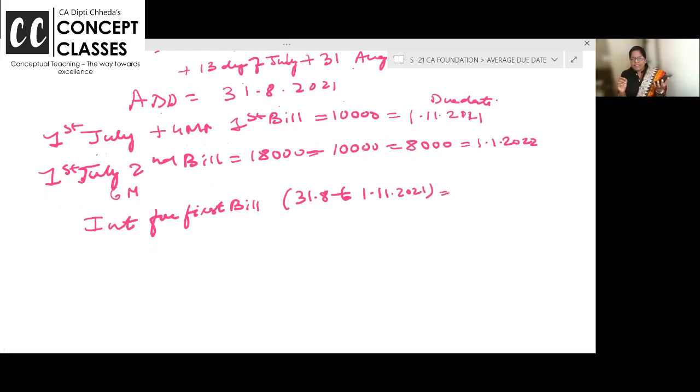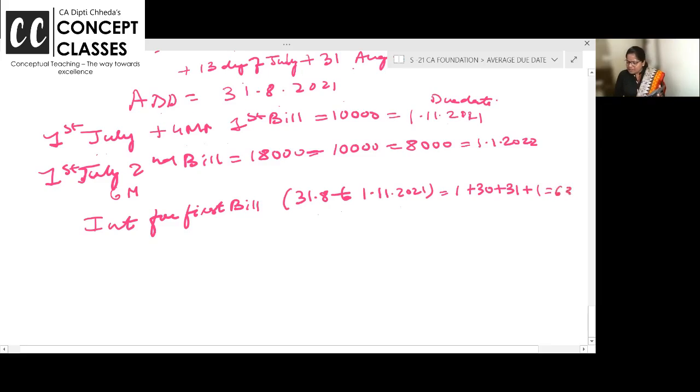I hope you are getting it. Shahrukh, you had to pay me on 31st August, but on 1st July you have drawn the bill and are paying on 1/11, so from 31st August to 1/11 you pay me interest. August 1 day, September 30 days, October 31, November 1. 1 plus 30 plus 31 plus 1.